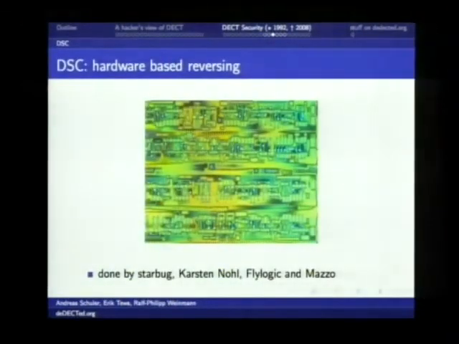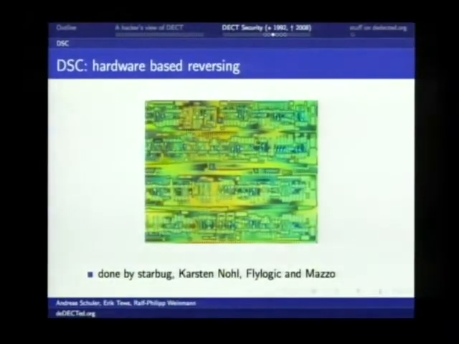Then we had people looking at parts of the chip. The first tricky part was to find out which chips actually do implement this DECT standard cipher, because first we found, well, okay, this phone does not encrypt with this base station, doesn't encrypt with the other base station, and well, finally we found a combination where we knew that we actually had DSC. So the chips were decapped, they were sent over to FlyLogic, as I understood.